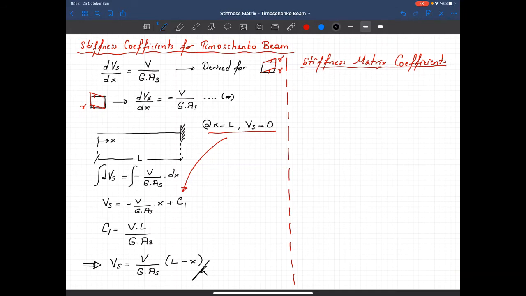So this is our member. That's the start node, that's the end node. That's the first degree of freedom, D1, D2, D3, and D4.